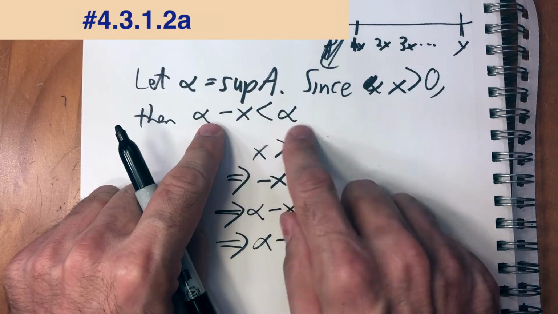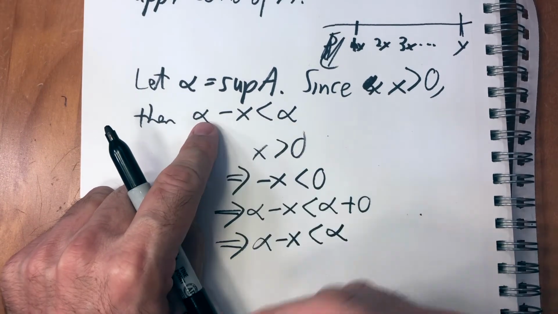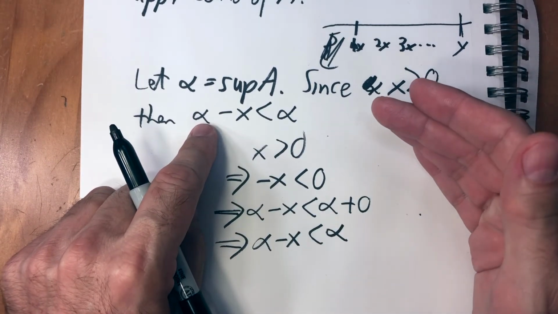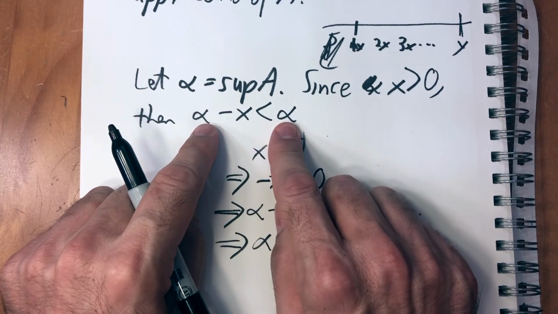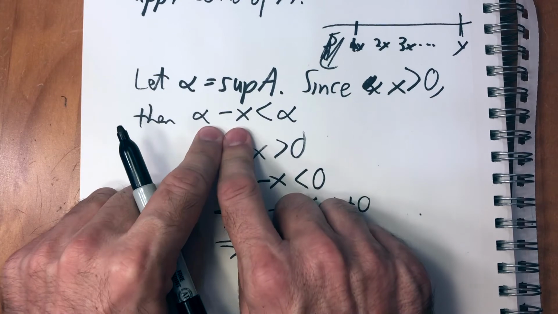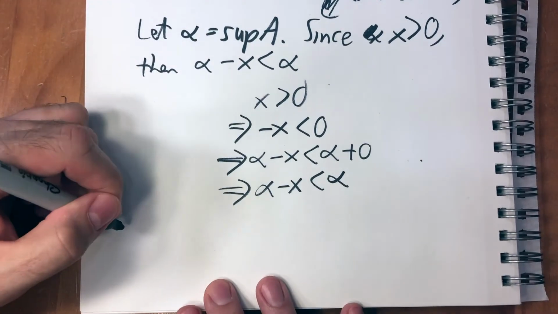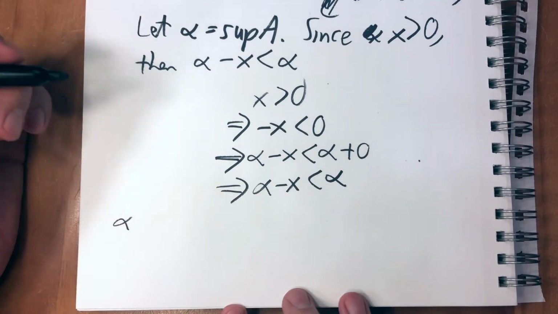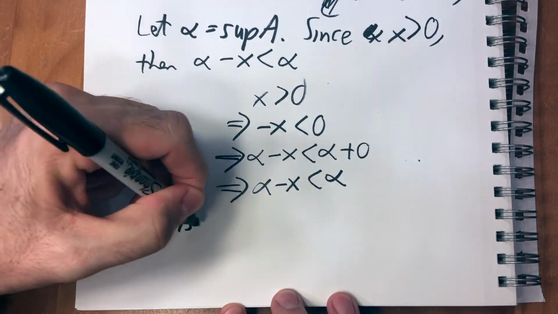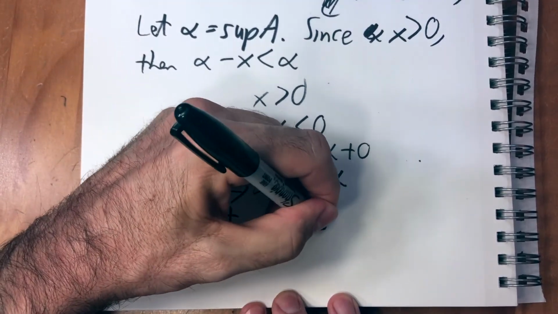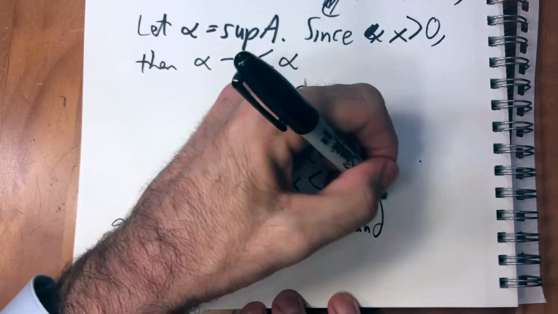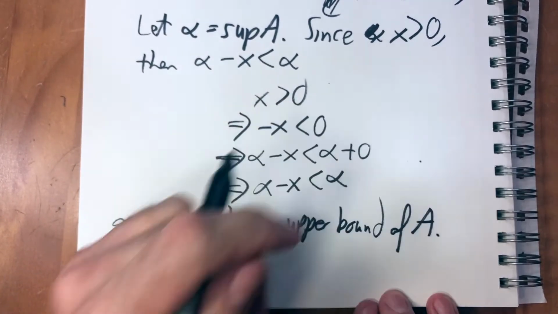Alpha minus x is less than alpha, so if alpha minus x were also an upper bound of A, it would be the supremum, not alpha. But we know alpha is the supremum, so this one cannot be. So alpha minus x is not an upper bound of A.